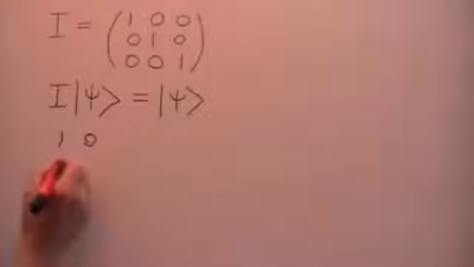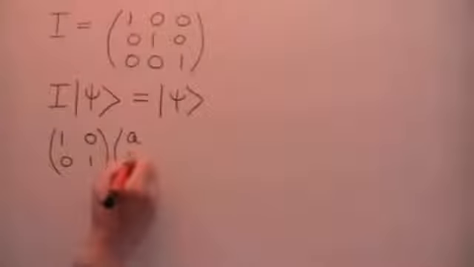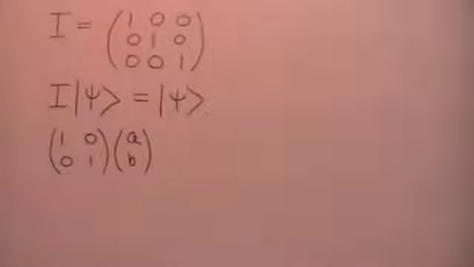Let me just demonstrate that. Let's do it in a two-dimensional case. The identity operator in 2 dimensions will have 1 on the diagonals and 0 everywhere else. We're going to multiply that by a state which we will simply represent as (A, B). Let's see what we get.